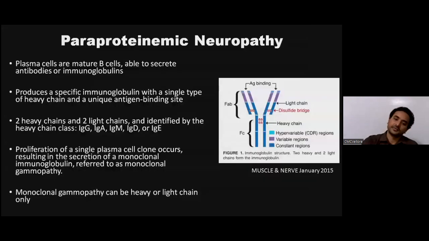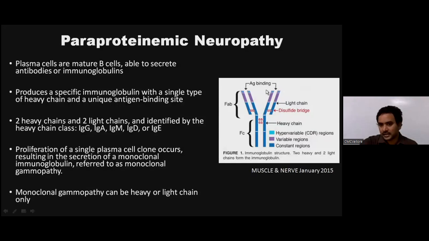First, we will discuss the brief structure of the immunoglobulin. Plasma cells are mature B cells which secrete antibodies or immunoglobulins. Each plasma cell produces a specific immunoglobulin. This right side diagram shows a Y-shaped structure. There is a heavy chain and short chains, which are called light chains.